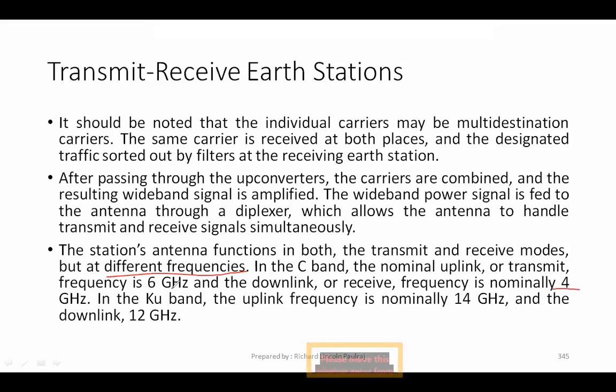In the Ku band, the uplink frequency is nominally about 14 gigahertz, and the downlink is about 12 gigahertz. Most of the time we use Ku band because it helps us operate at a higher frequency.